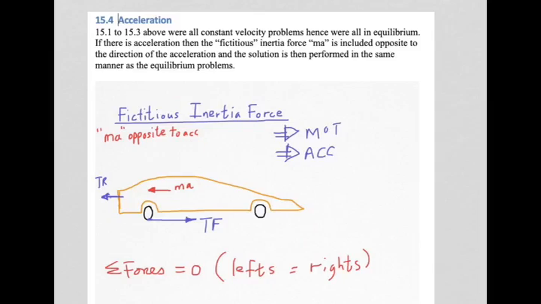So you inspect the problem and decide that acceleration is to the right, and then in the opposite direction, through the center of gravity, if you know where it is, you insert this little force, which I'm going to make red, so we remember that it is in fact fictitious, and it is mass times acceleration. Once you've put that in, now you can sum lefts equal rights. And in this case, you would have TF is equal to MA plus TR, and you could continue as though it was a statics equilibrium problem.